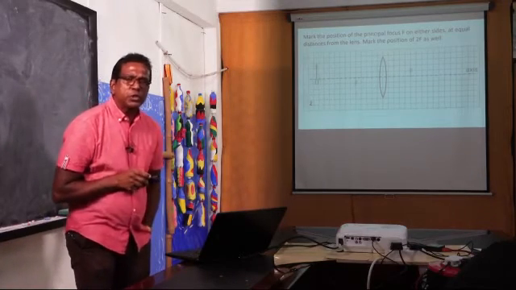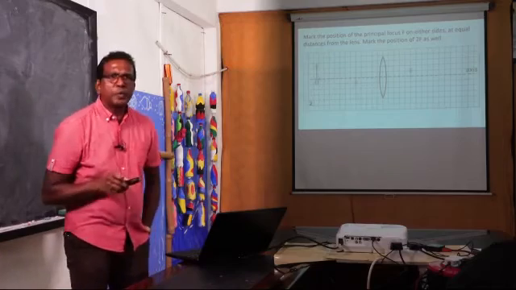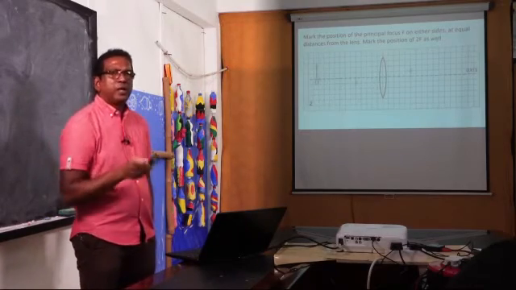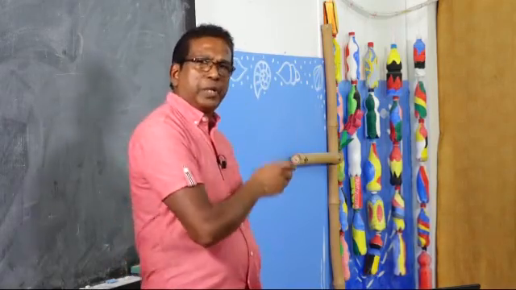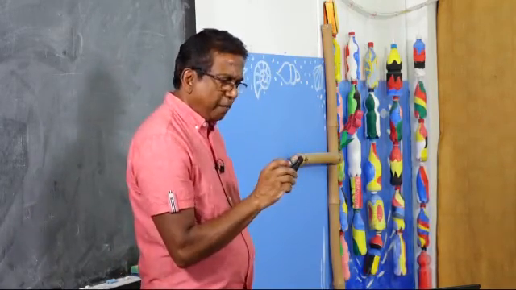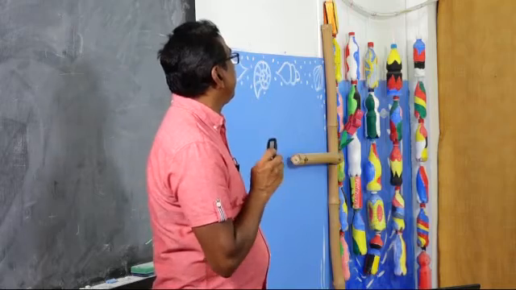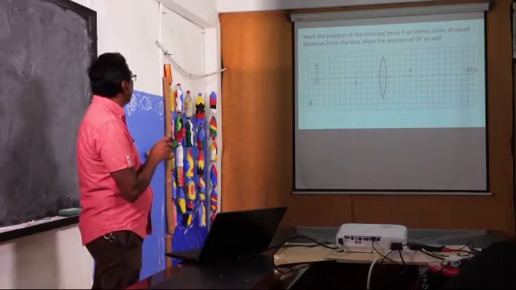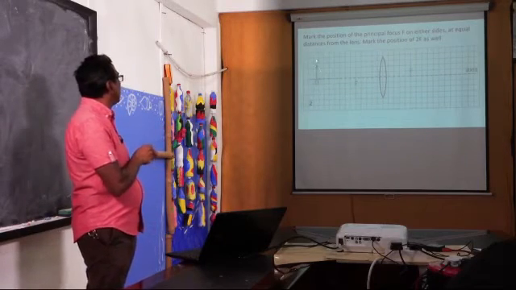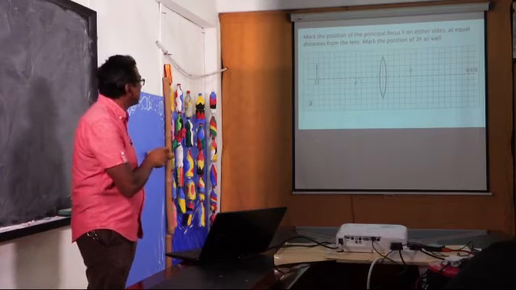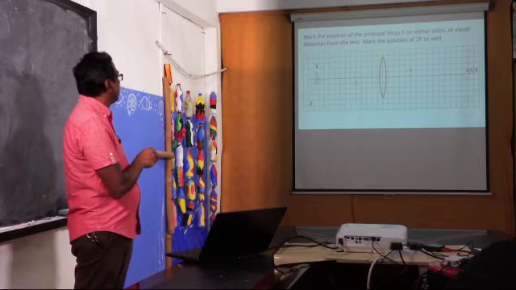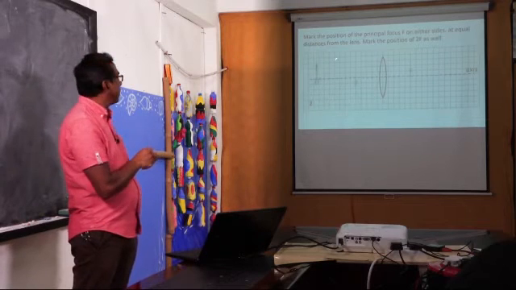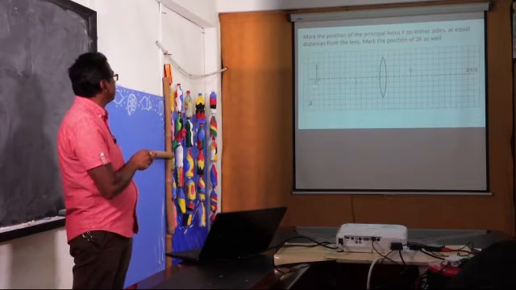You draw your lens on the squared paper, draw your principal axis, write F, 2F, repeat it on the other side, F and 2F. Your object is just going to be an arrow resting on the principal axis. Not too big, not bigger than the lens. Okay? Your arrow is here.